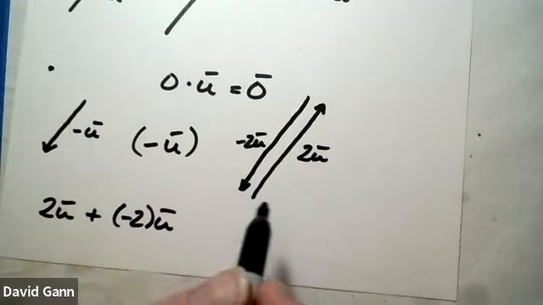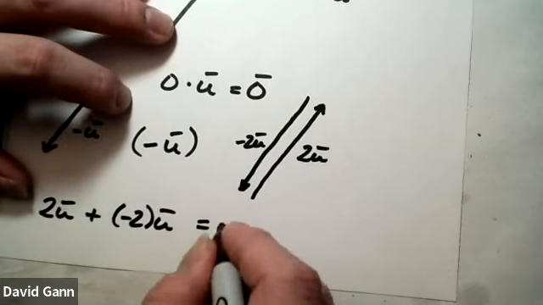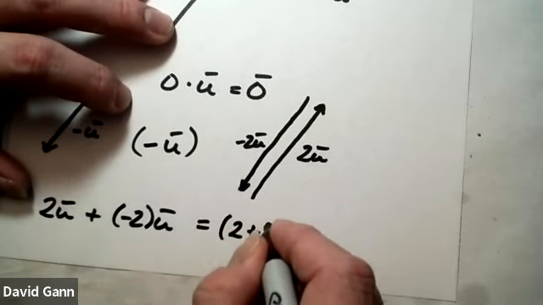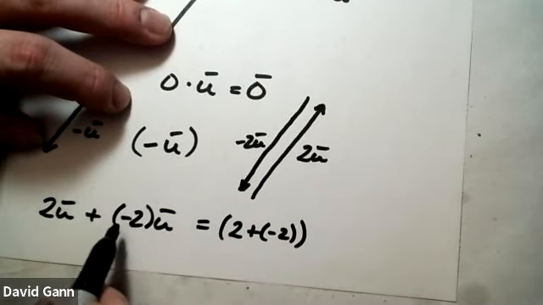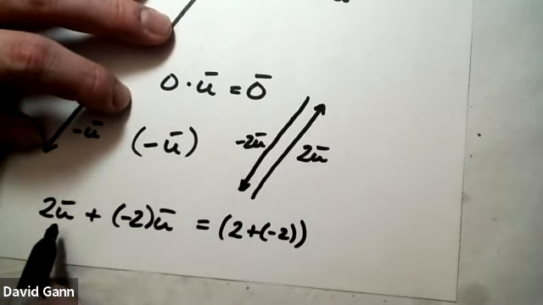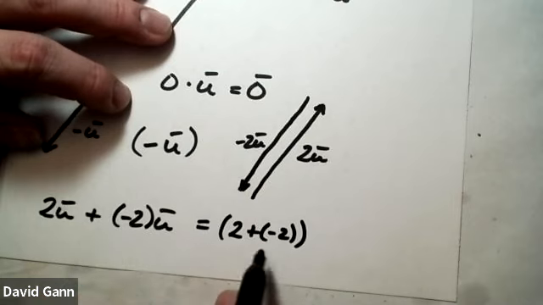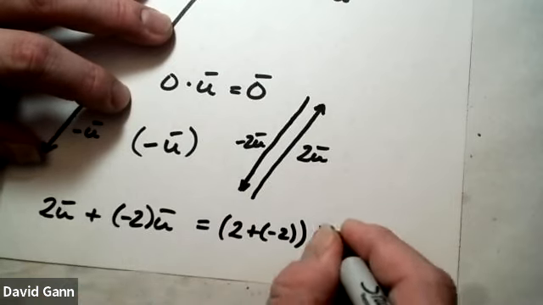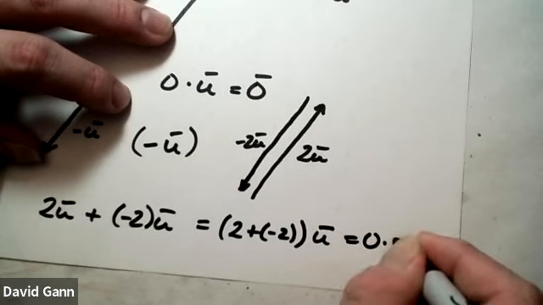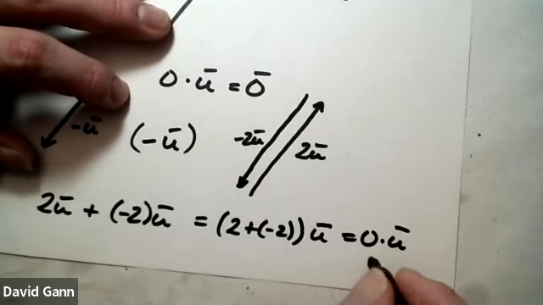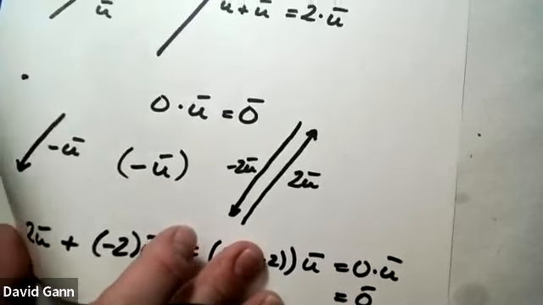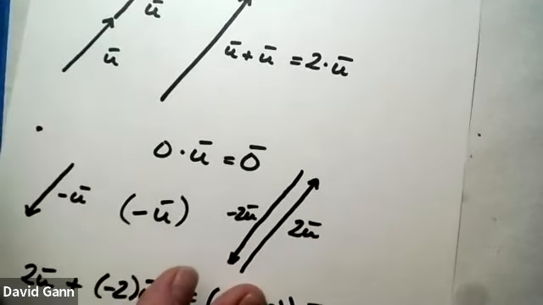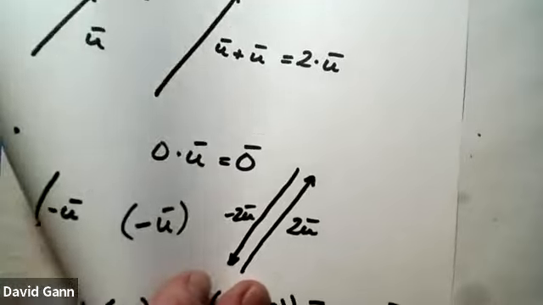And so this is consistent with the way that algebra works. If we collect the scalar numbers together and perform an algebraic operation on them, we end up with u times 0, or the 0 vector.